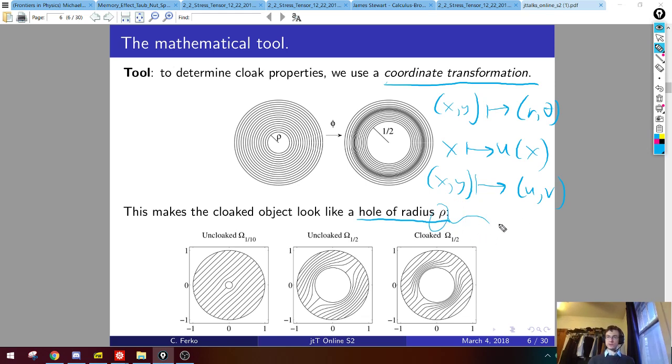So we could choose rho to be, say, 1 nanometer. So you can make your 1 meter size ball you're trying to hide look like a 1 nanometer size ball, which no one could actually see. And that's the sense in which we mean that we've cloaked the object. We've made it look like some much smaller spherical object.